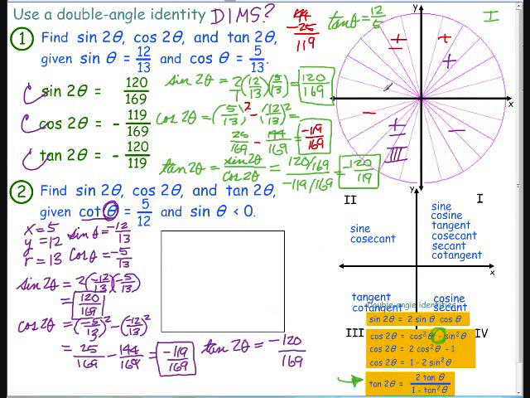Tangent is positive here and here, so it's negative here and here. This is where we are. We're in quadrant 2 with our double angle. Double angle was in that quadrant, and single theta was in that quadrant. Makes sense that when you double it, it's going to jump to a different quadrant, doesn't it?